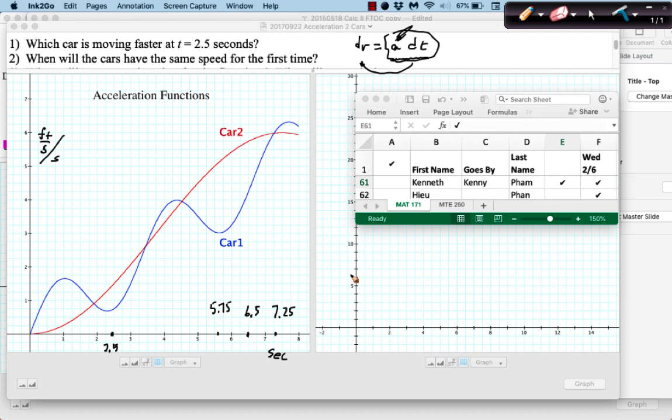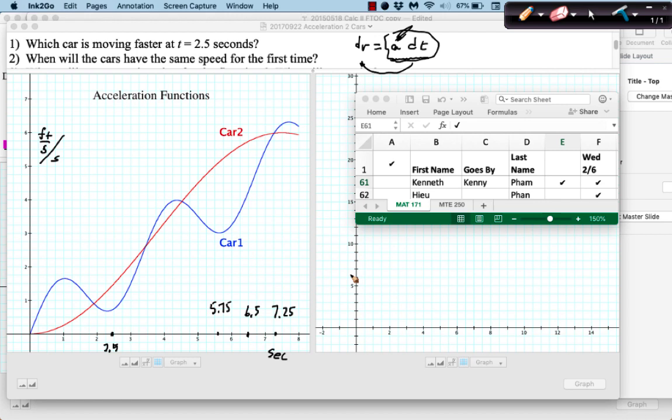All right, how can we find out exactly when car 1 and car 2 have the same speed for the first time? We've got the tools. Can you problem solve it?